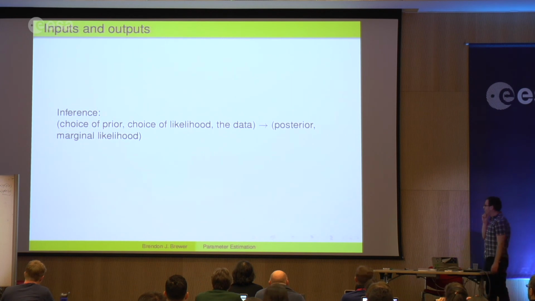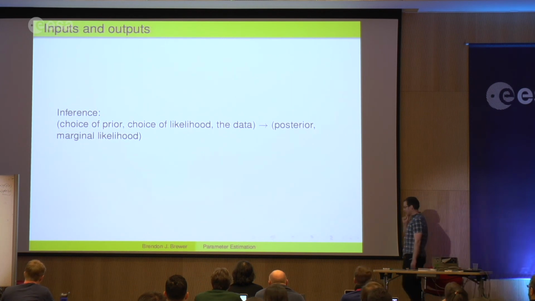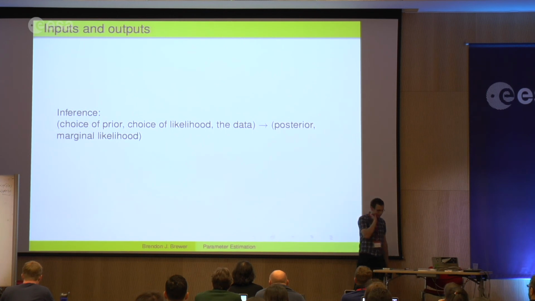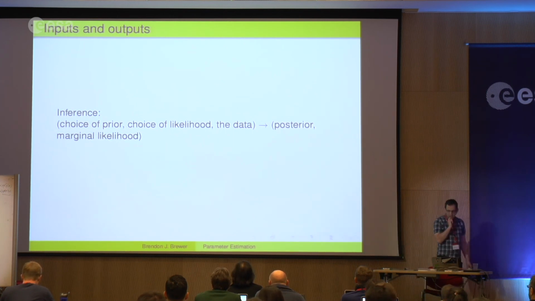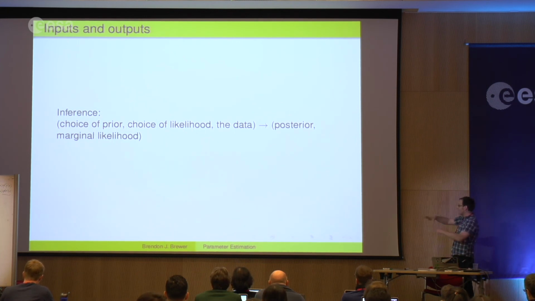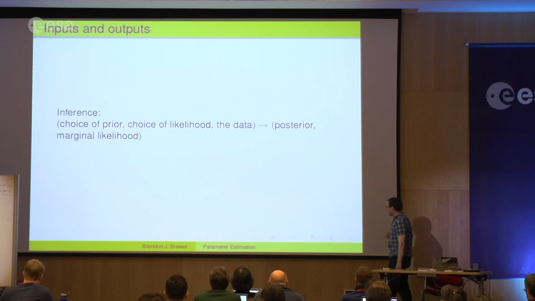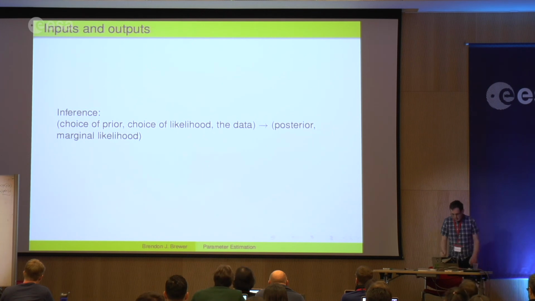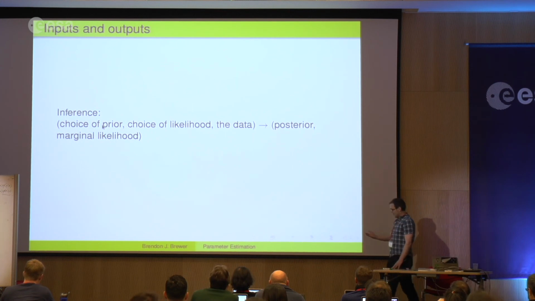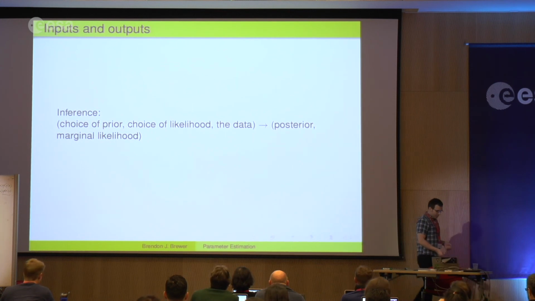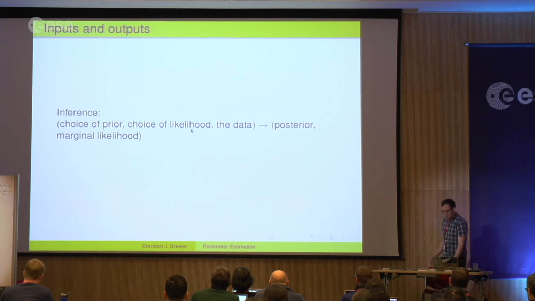So this is what we have to do Bayesian parameter estimation. And all the examples that we have from now on, I'm pretty sure, have a structure like this. You can think of it as a function or a machine, and you have to give it inputs, and then you turn the handle and you get certain outputs. The inputs that you have to give are assumptions about what the unknown quantities are, so what the hypothesis spaces are, a choice of the prior distribution, and a choice of likelihood or sampling distribution for the data given the parameters.